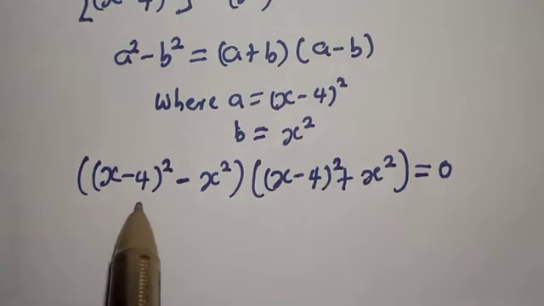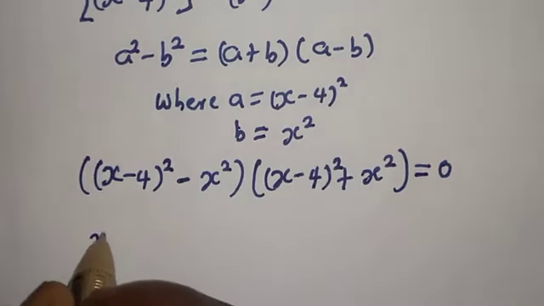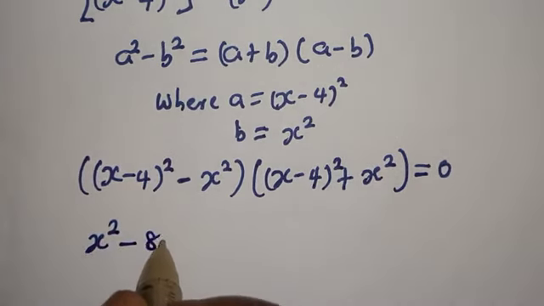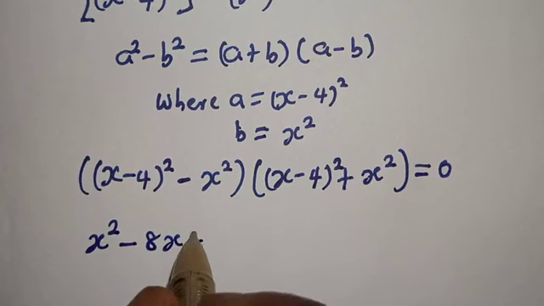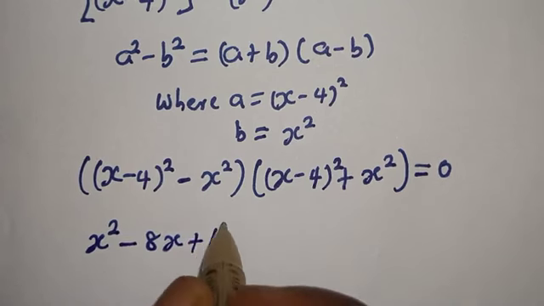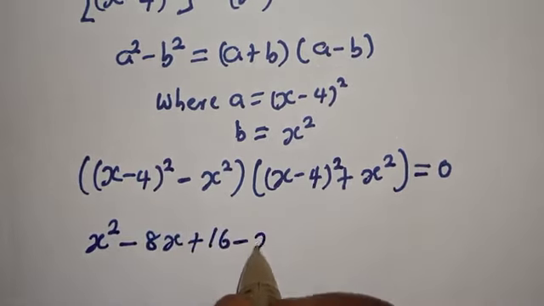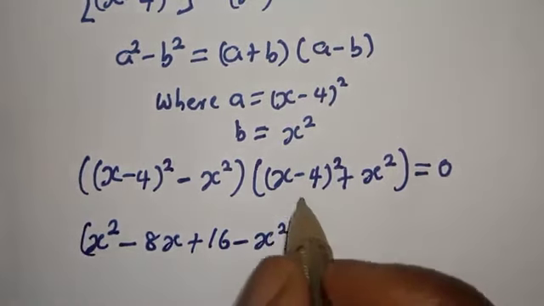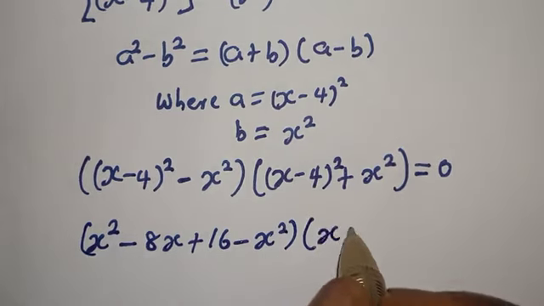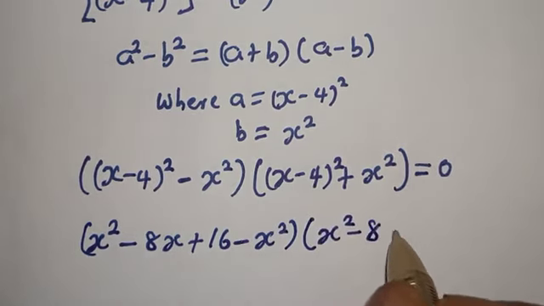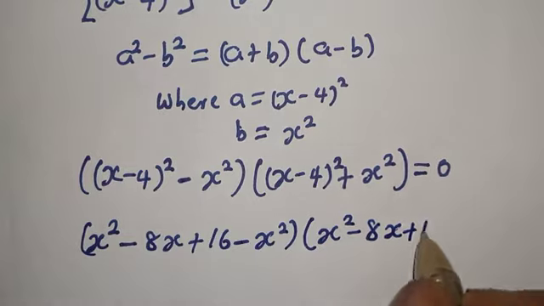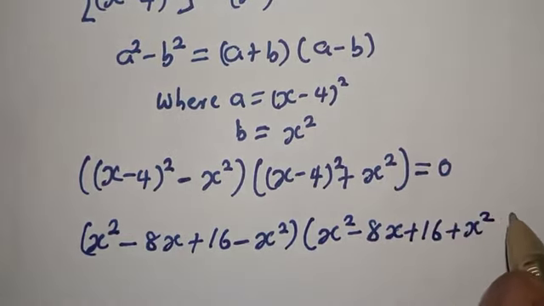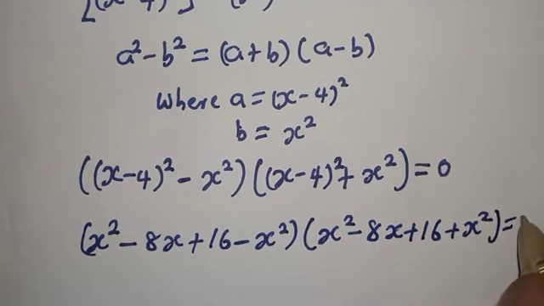Now (s − 4)^2 is s^2 minus 8s plus 16, then minus this s^2, multiplied by (s − 4)^2, which is s^2 minus 8s plus 16, then plus this s^2, is equal to 0.